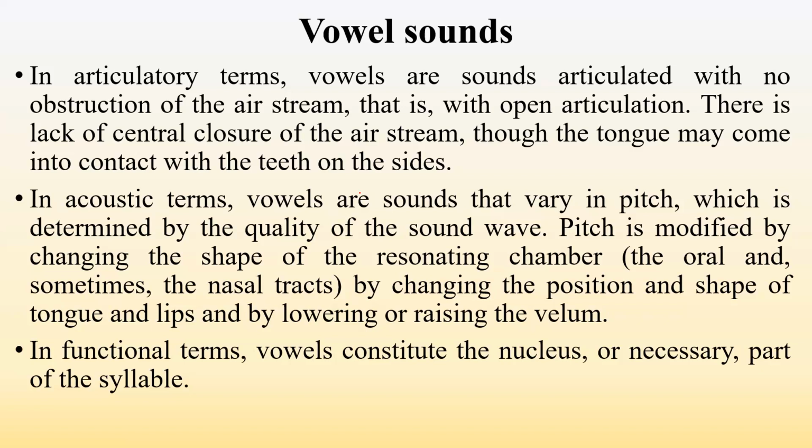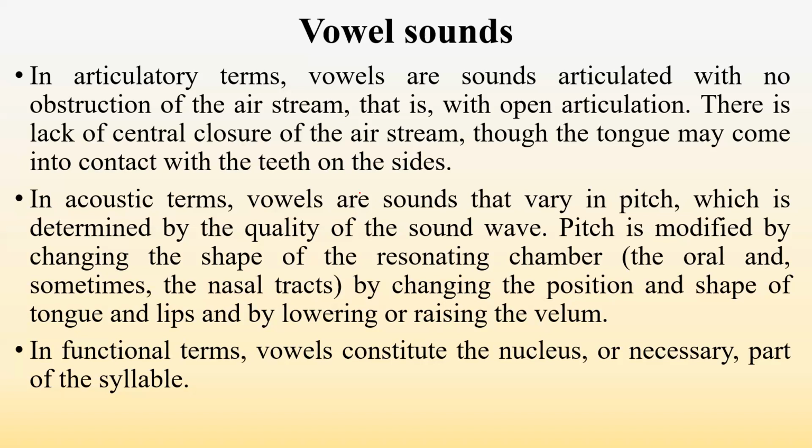The major difference between consonant production and vowel production is that the airstream that enters our vocal tract is blocked in different places in different ways when we produce consonants, right? But unlike that, when we produce a vowel sound, the airstream that enters the vocal tract is not obstructed.